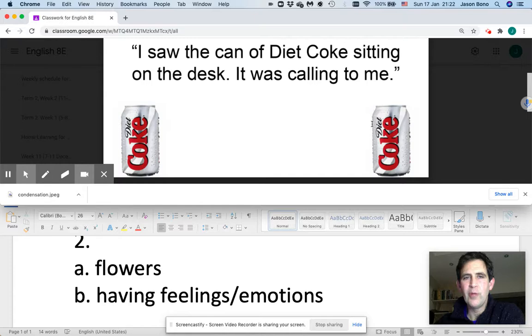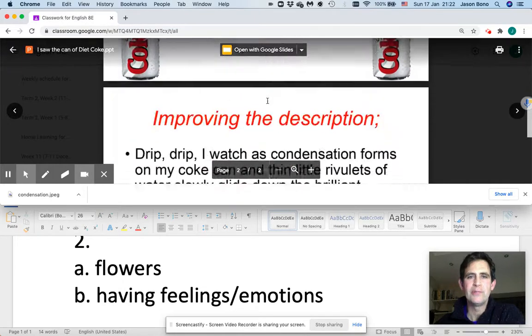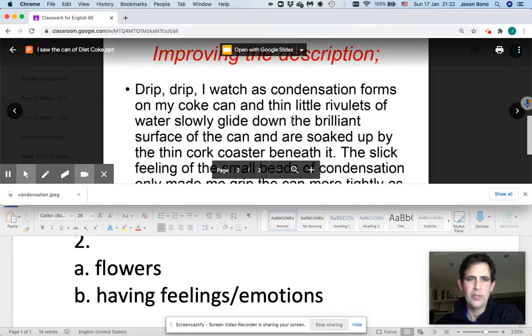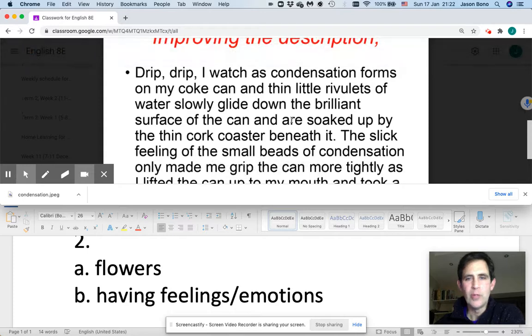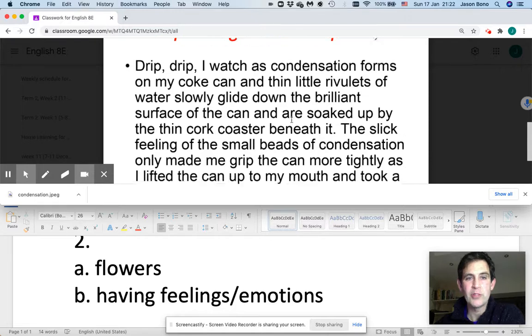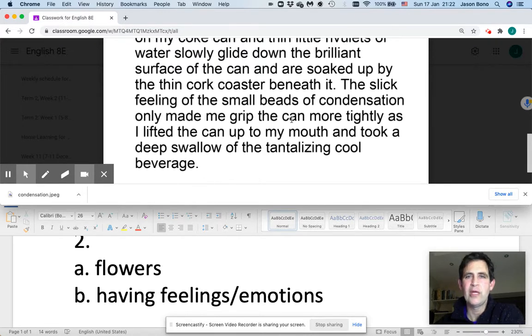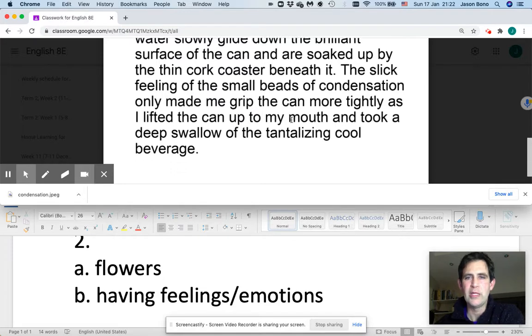Now, if you've paused and come back, we'll go on to slide 2 here. It says, improving the description. Here's a better description. Let's read it together. Drip, drip. I watch as condensation forms on my Coke can, and thin little rivulets of water slowly glide down the brilliant surface of the can and are soaked up by the thin cork coaster beneath it.